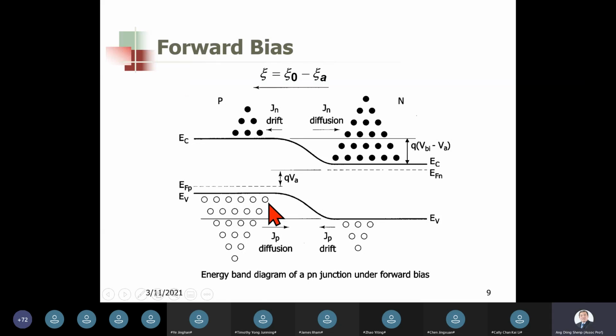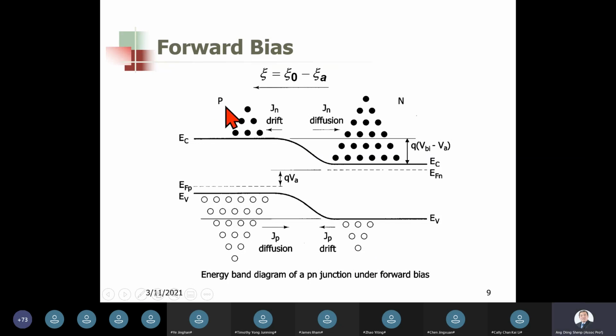Since under forward bias the P side is applied a positive potential with respect to the N side, the band diagram on the P side is shifted downwards relative to the band diagram on the N side. It shifts by an amount equal to qVA, the applied voltage given in electron volts. So this is the band diagram under forward bias condition.